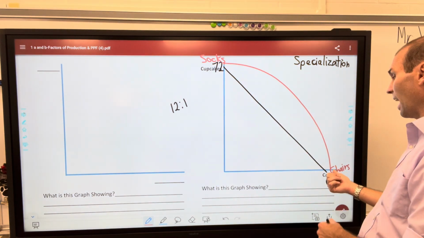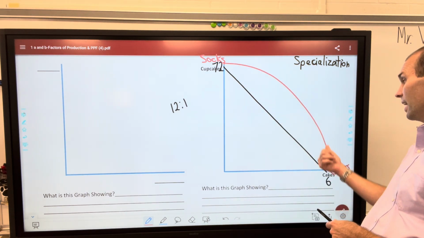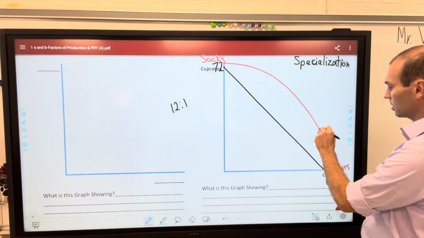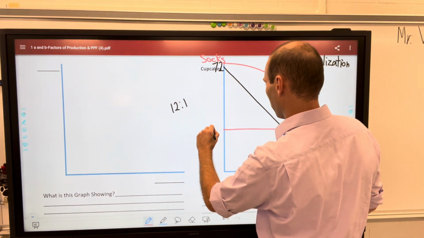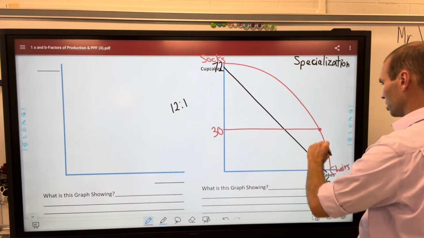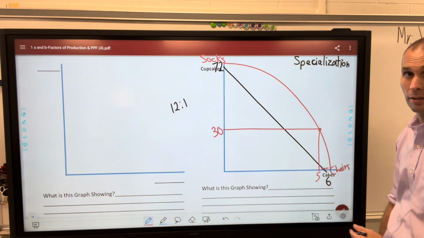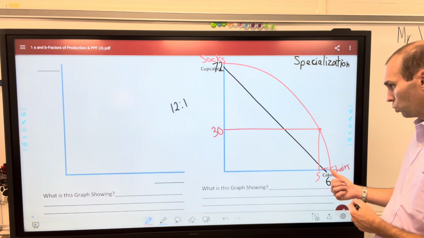Hey, when I say everyone make chairs and my sock makers are making chairs, and then I say, hey, go ahead and make me some socks, well, what I'll get is 30 more socks, but it'll only cost me 1 chair. So the opportunity cost is just 1.